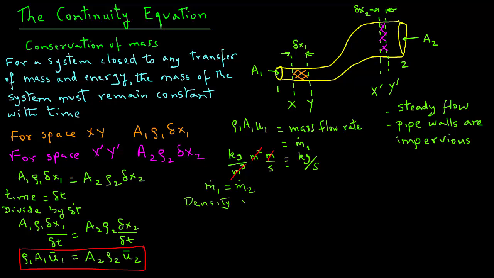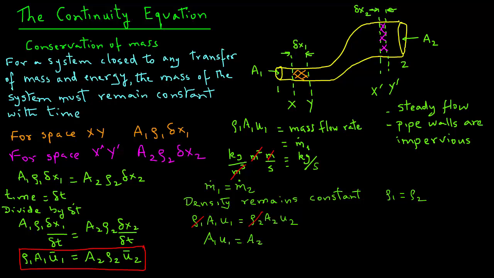Now, we should also note that if the density of the fluid remains constant as the fluid moves from left to right-hand side, and of course it will, there is nothing happening here that's changing its density, so we can cancel out the density terms. So rho 1 and rho 2 will cancel out since they are the same, and we are left with A1 u1 equals A2 u2.